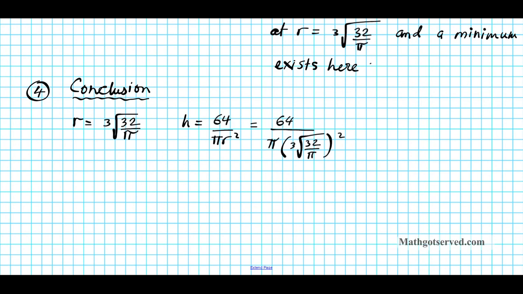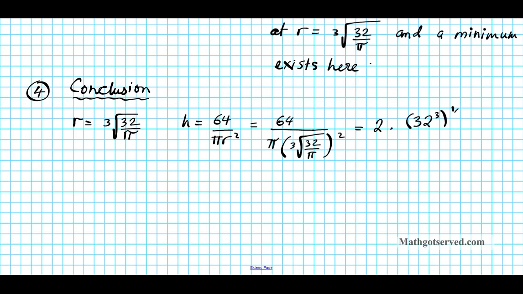To make it easy to simplify, how about we express everything in terms of cubes? Cube roots, to be specific. Now you notice there's a 32 here, so I can factor out a 2 from the numerator so that it's consistent with this 32. So factor out a 2. If I take out 2 from here, I'll be left with 32, but I can write 32 as 32 to the third power raised to the 1/3.